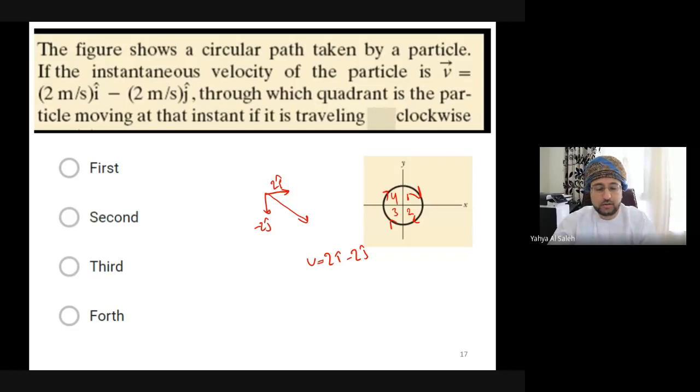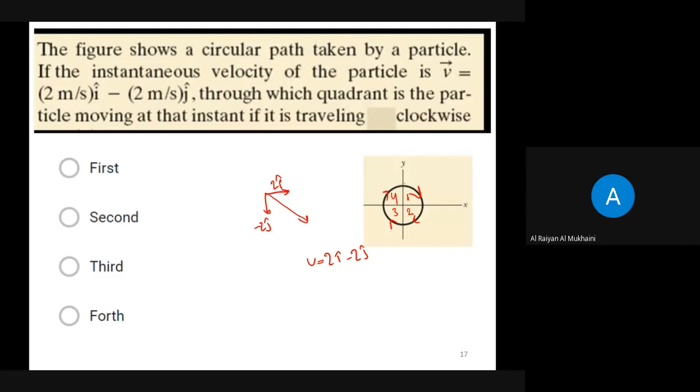In this direction, right? Okay. So we need a velocity which is going in this direction. Now we said the velocity is the differentiation of the position, also known as the gradient, tangential line. Acceleration is the differentiation of velocity, so it follows the exact same rule.